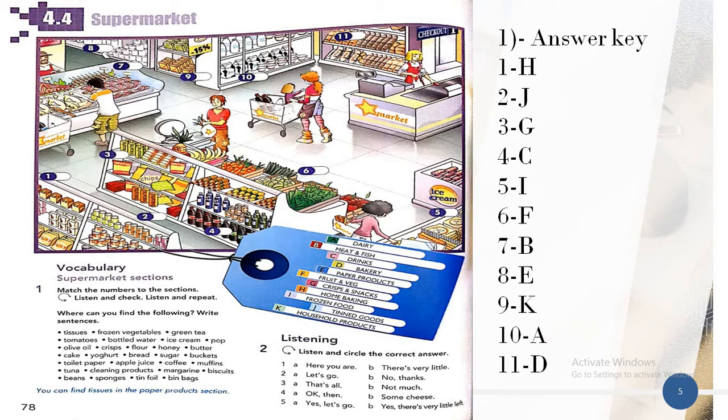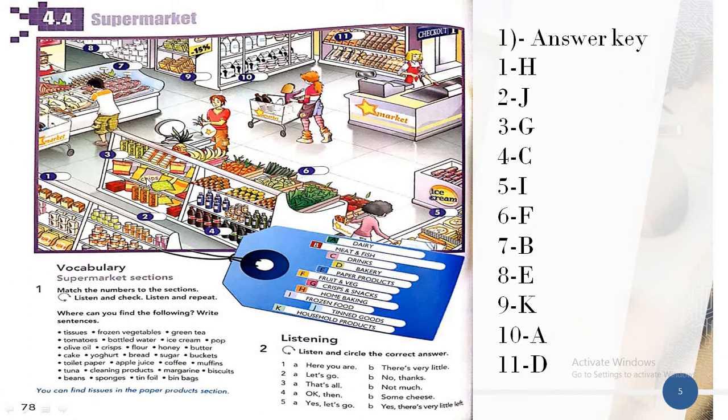So 1, where is 1? Yes, 1 is H, which is home baking. 2 is J, tinned goods. Look, it's tinned goods. Look at 3. It's G, crisps and snacks. Okay, it's easy. Look, chips, snacks.